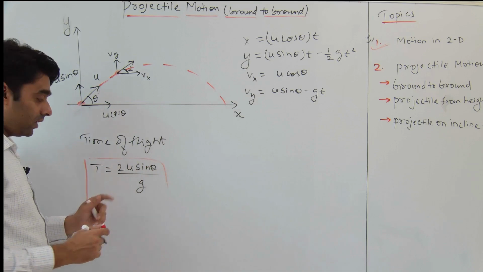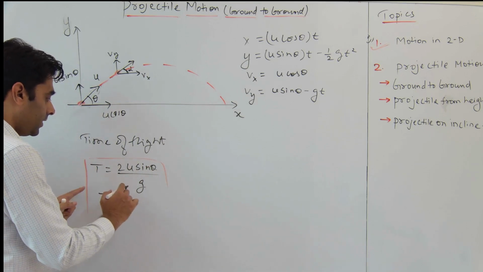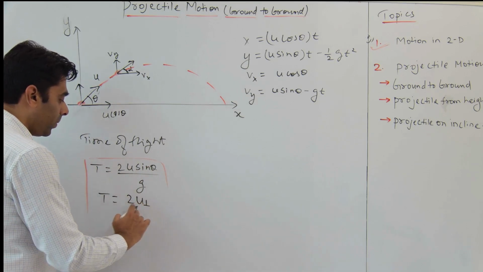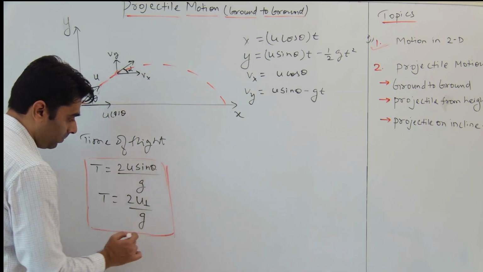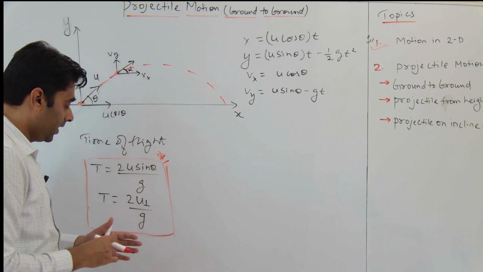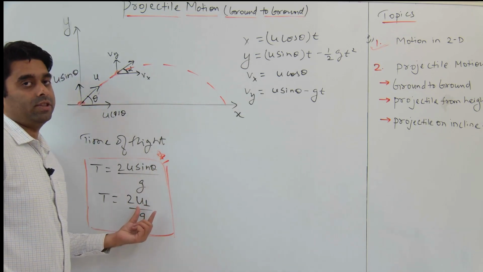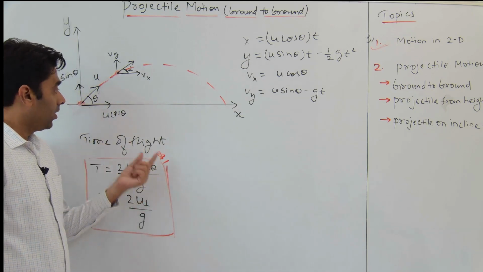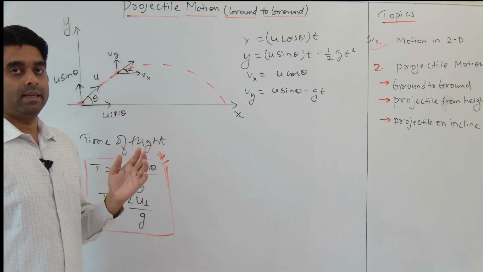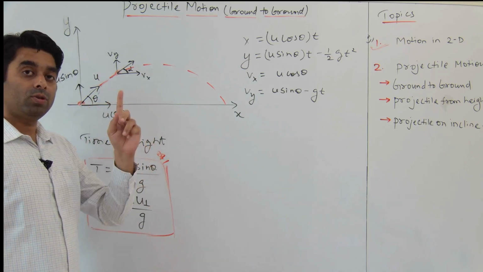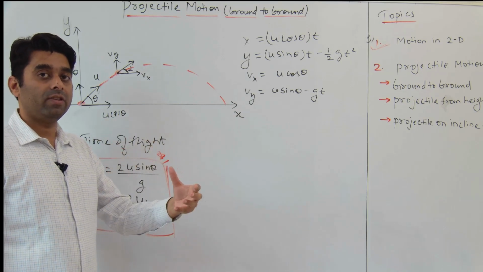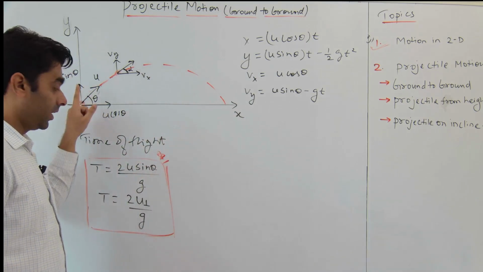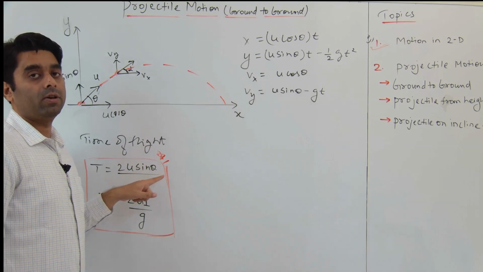Now this is also written as t is equal to 2u perpendicular by g. Now please see this relation, many a times it is also helpful. Why am I saying this? In this case and most of the cases, theta is taken with horizontal. But let's say a question is there where theta is taken with vertical, then it will not be sin theta over here.